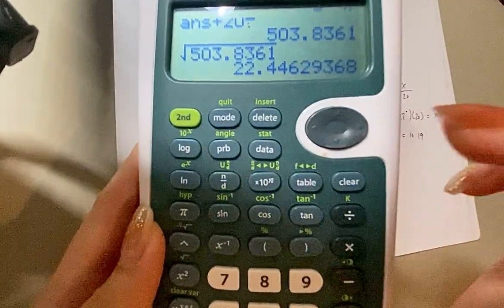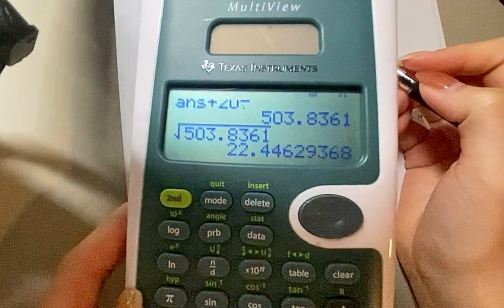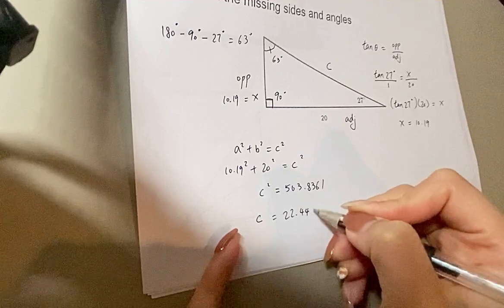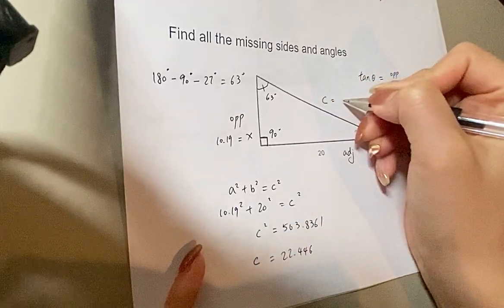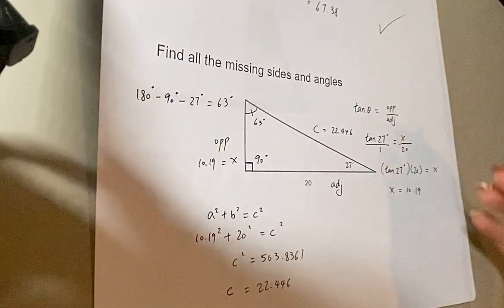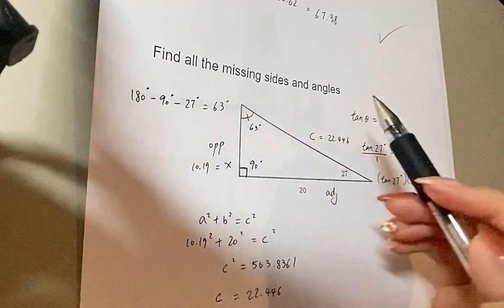So this side, the hypotenuse, would be 22.446. And we can go ahead and label it up here. Okay, so this question asks us to find all the missing sides and angles.